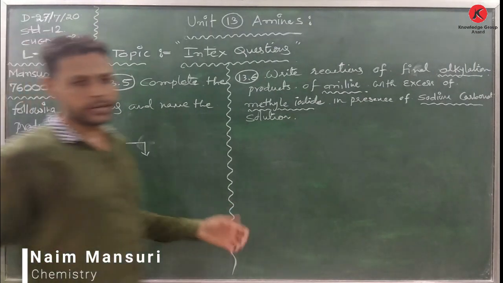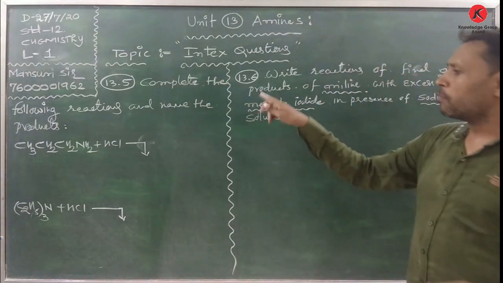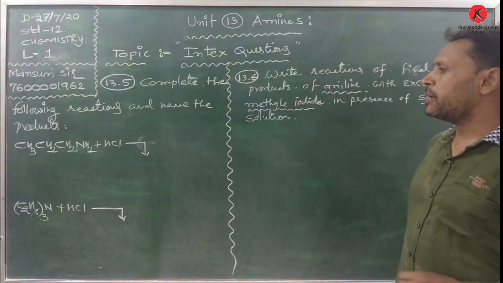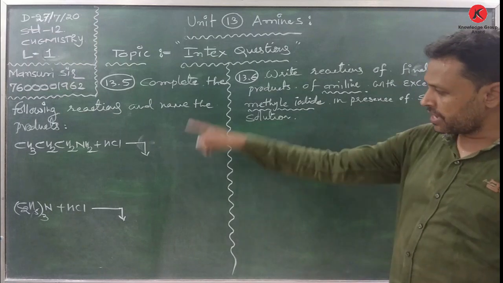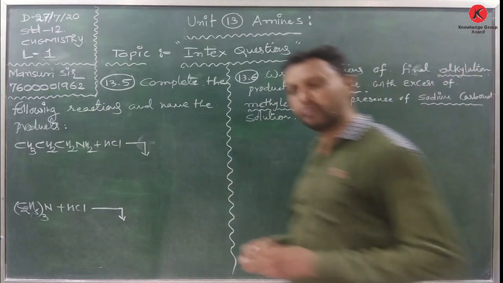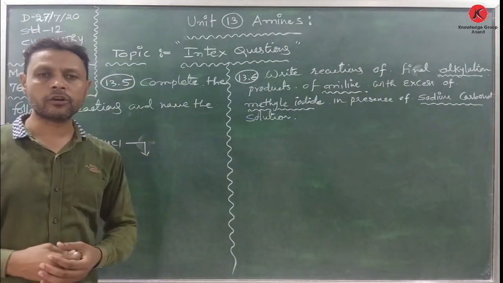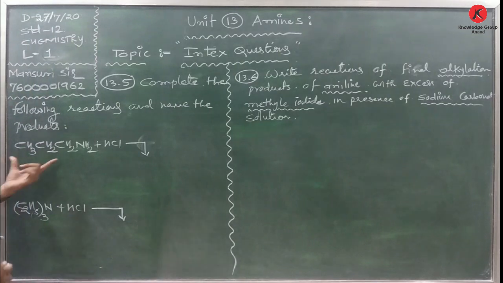Okay students, now we are moving on to 13.5. Complete the following reactions and name the products. We are given two reactions and we have to complete them, and thereafter we have to name the products, using either the IUPAC or a common name. Here propylamine is given and reacts with HCl.